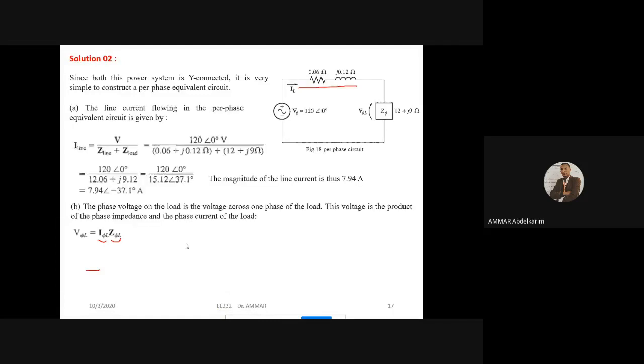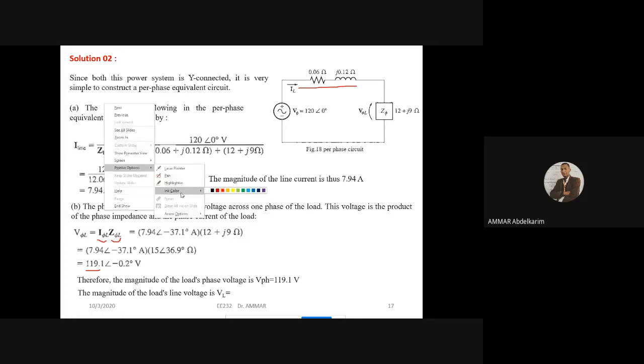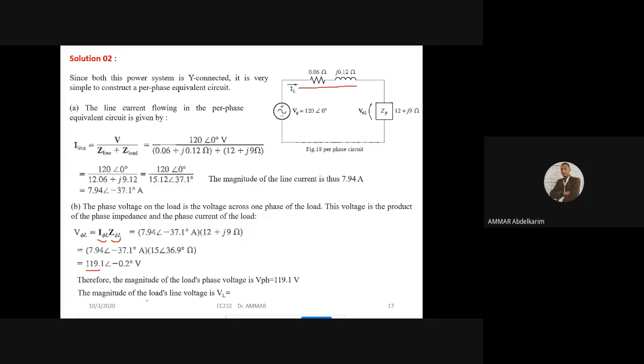We are working on a single phase, but we don't forget that we have a three-phase system. So the magnitude of the load line voltage VL equals square root of 3 times the phase voltage, and equals 206.3.